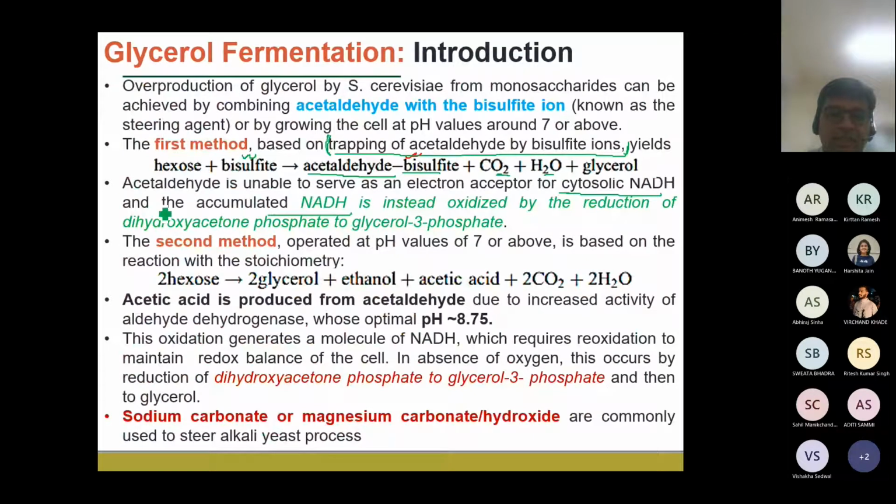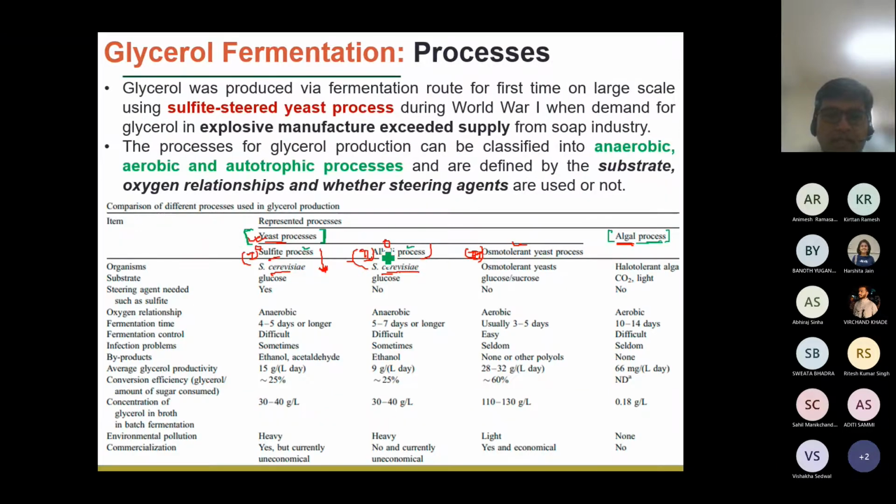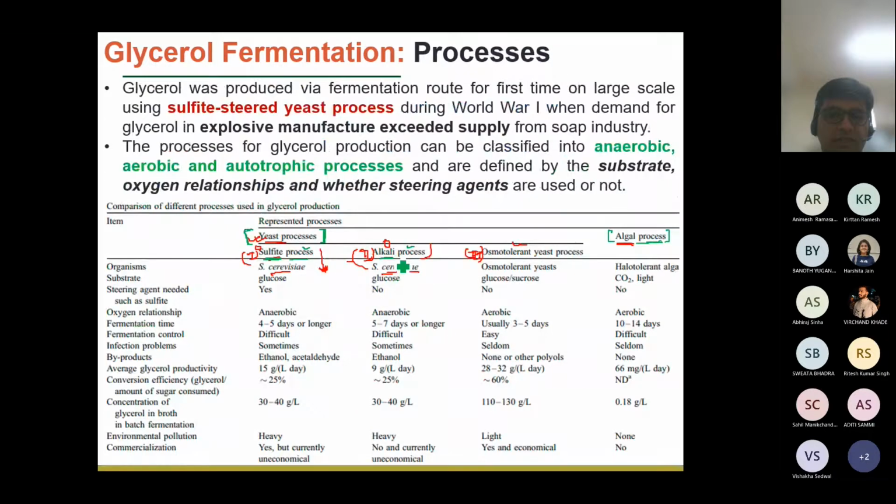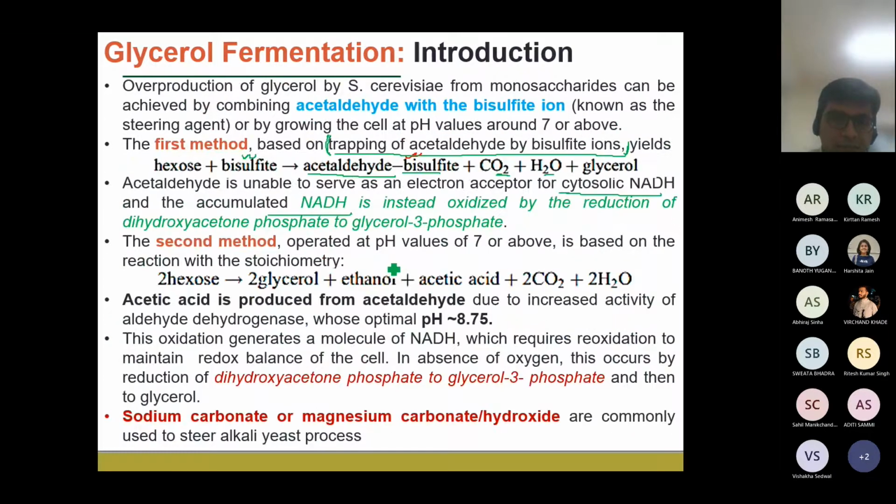Then there is a second approach, using alkali. Generally, if bisulfite is used, it is called the sulfite process. And if, for the similar conversion, alkalis are used during the anaerobic fermentation process, it is called the alkali process.